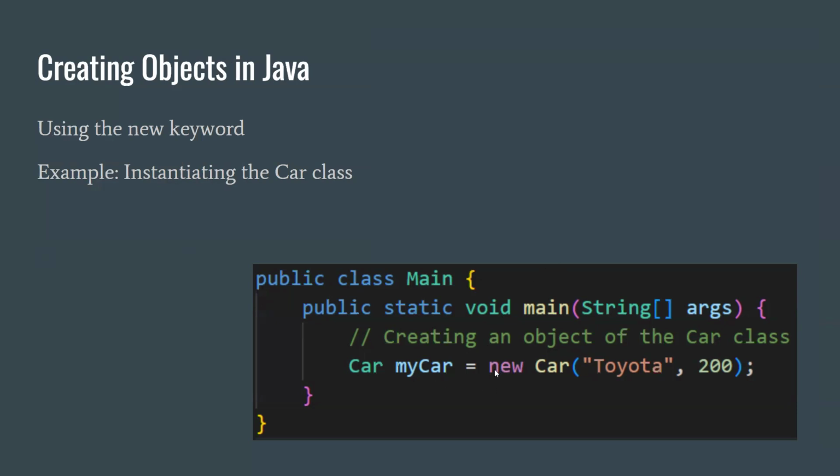Once created, you can access its attributes and methods, which are defined in its class. In this example, we are initializing a new Car object with the brand Toyota and a max speed of 200.